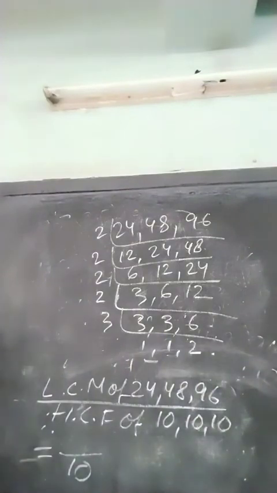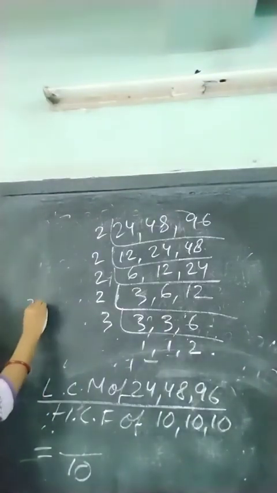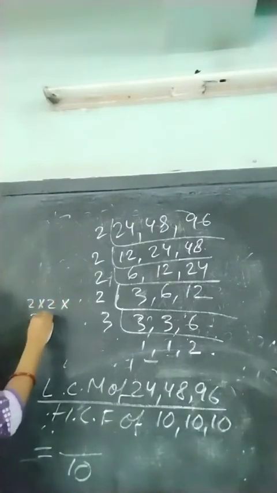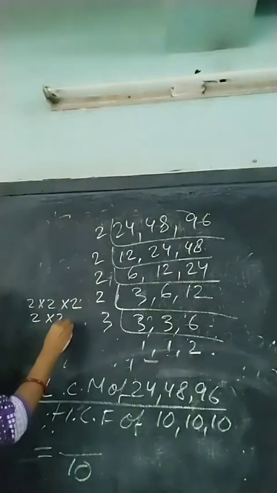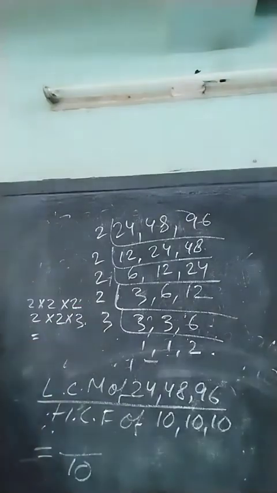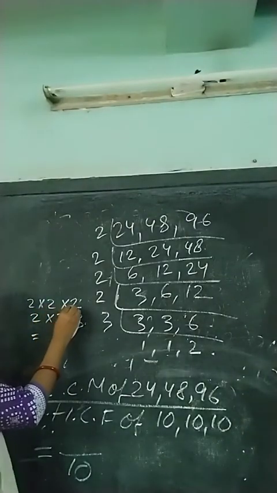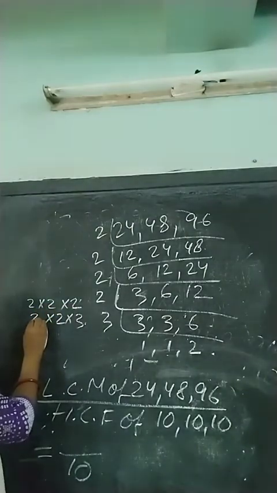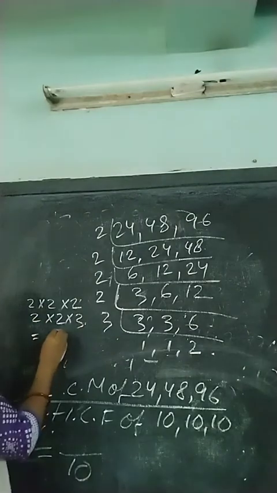So here, what is the LCM that we are getting? 2 into 2 into 2 into 2 into 2 into 3. This is the LCM. You have to multiply this and get the answer. So 2 into 2 into 2 is 8, into 2 is 16, into 2 is 32, into 3 is 96.